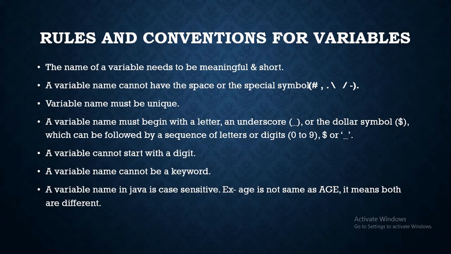Like if we want to take a string type variable for a name and we write is or something else like a, b, c, d, it is not meaningful. So if you are taking a string, always write name there, because you are going to take a name in that variable.